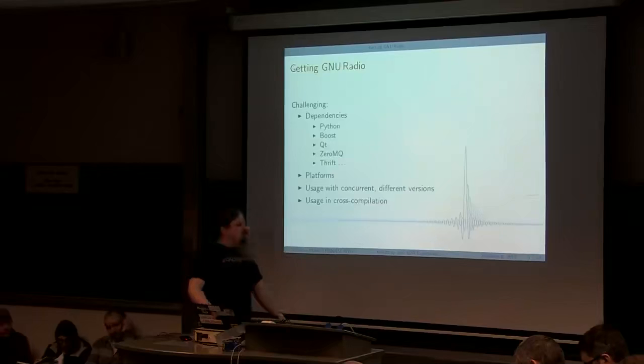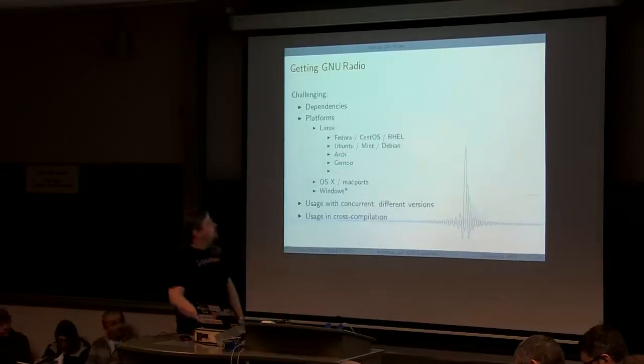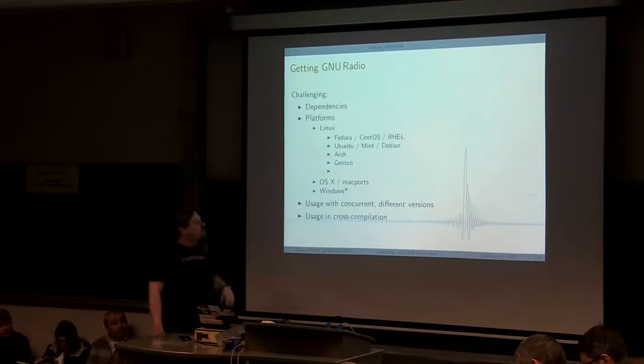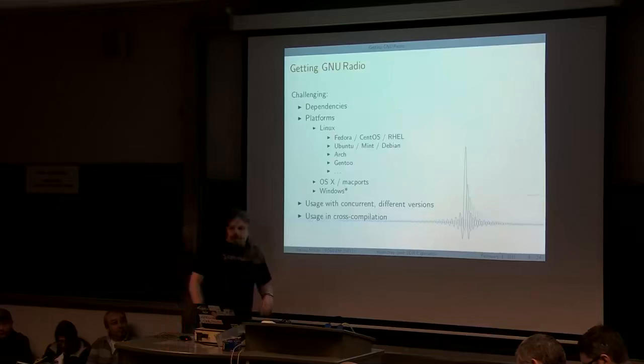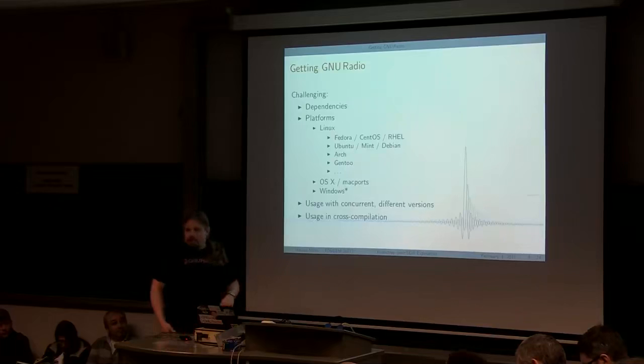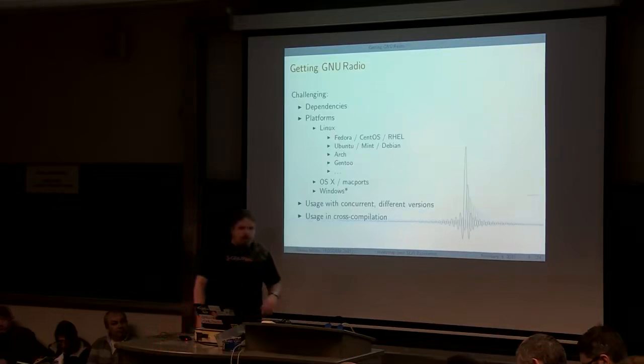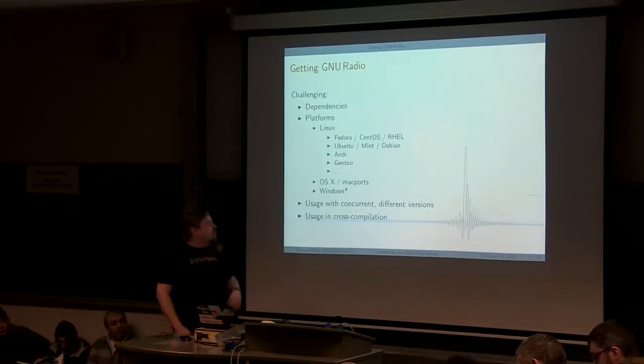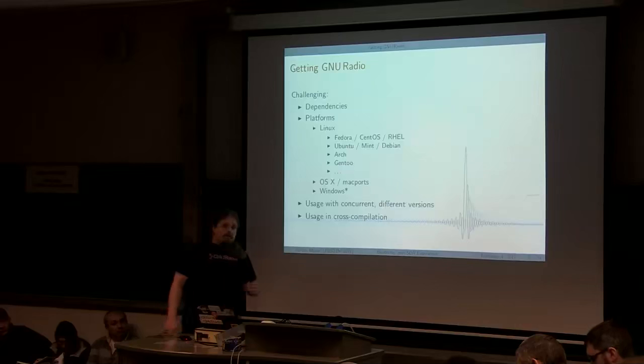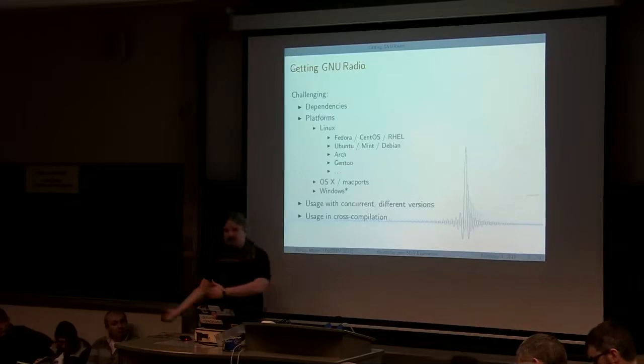Then, of course, we're trying to be cross-platform, which means we support Linux, and that means looking in all the right places for the different distros. We also have a lot of people who do their work on OS X, so this is a pretty popular platform, and it's pretty well supported in our community. And then we have Windows, which is also a popular platform, but not really a well-supported platform yet, I'd say.